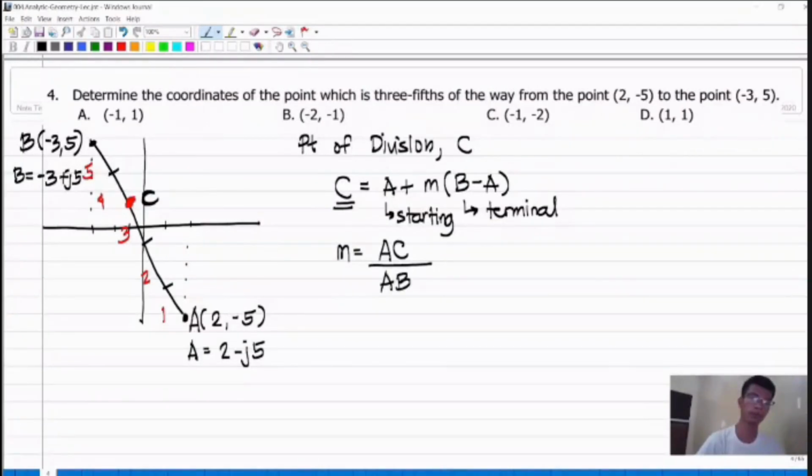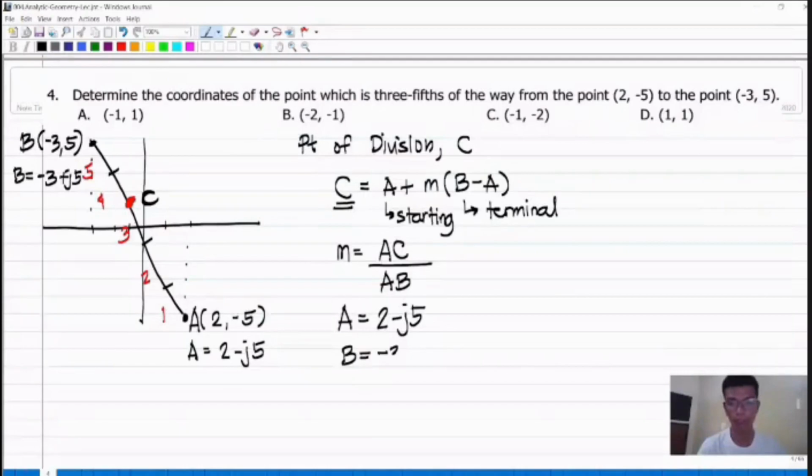Alam na natin that the point A is 2 minus J5, and then the B is negative 3 plus J5. How about the M? So, tingnan natin yung pagkakahati-hati. From A to C, there are 3 divisions. And from A to B, there are 5 divisions. So, therefore, 3 over 5 yung ating M.